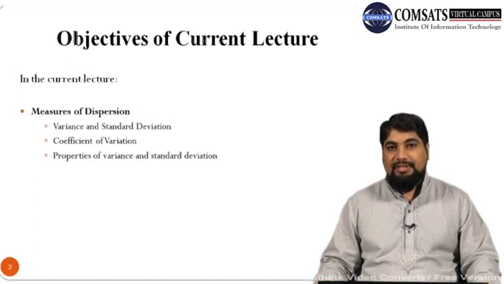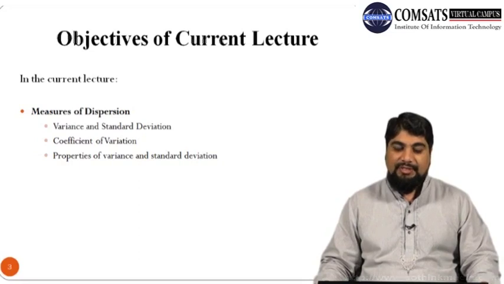So let us discuss the objectives of the current lecture. In the current lecture we are again discussing a few other measures of dispersion, and in particular we will discuss the variance and the standard deviation, and these are two very important measures of dispersion.